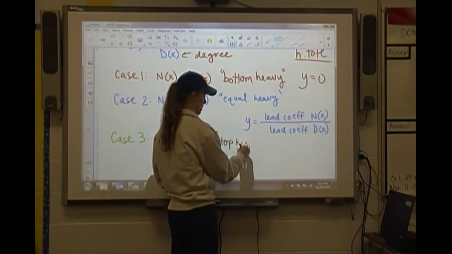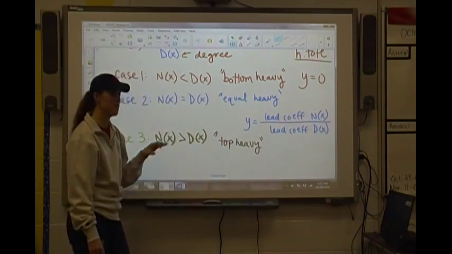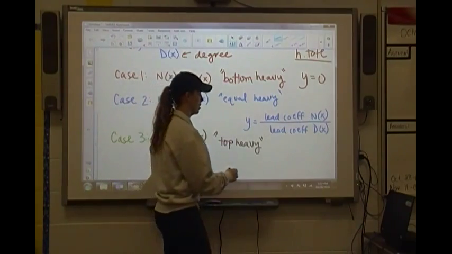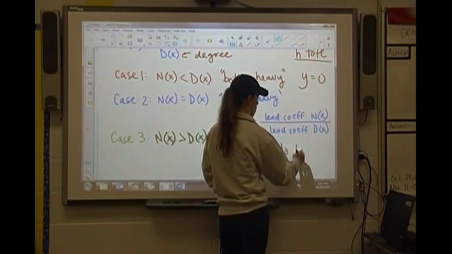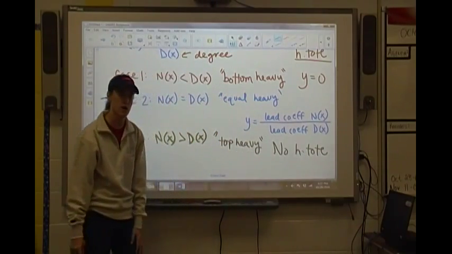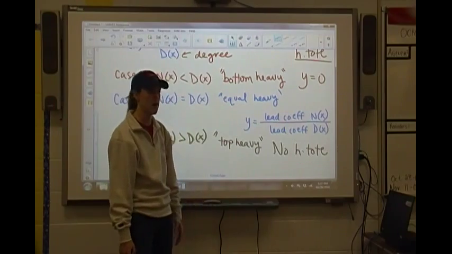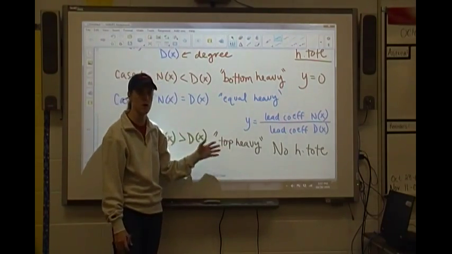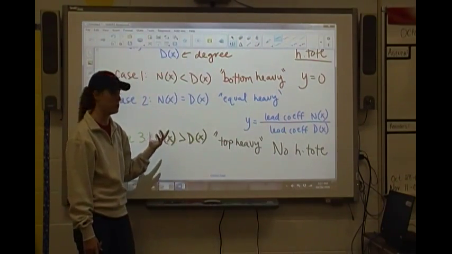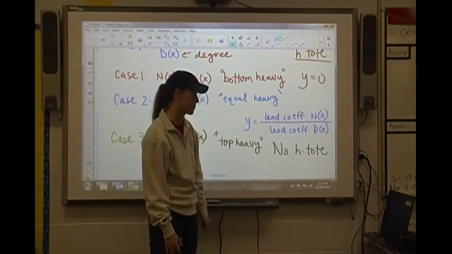Hopefully these are all making sense, whichever one's the biggest. In that case, we actually have no horizontal asymptote. We aren't going to get too deep into these, because that would involve polynomial long division, which we are not going to cover. So if you have a problem where the numerator's degree is bigger than the denominator's, you can just say there's no horizontal asymptote.